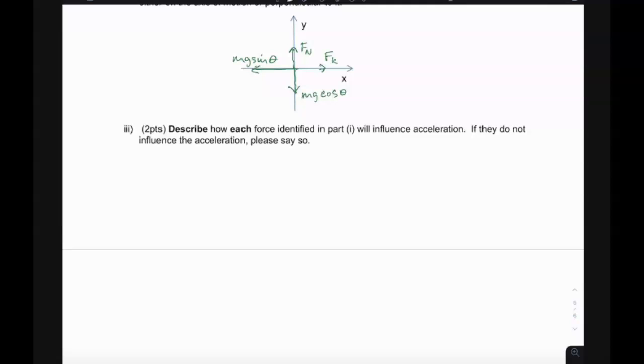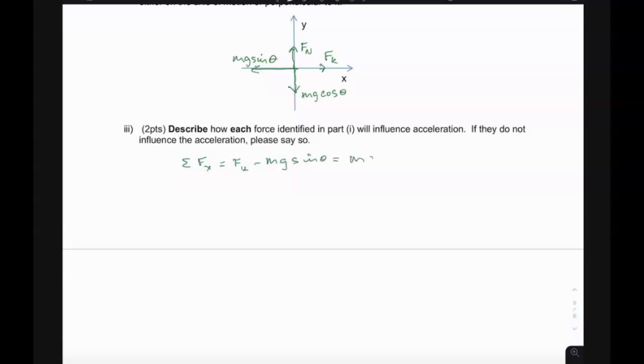And then the third part of D says, describe each force identified in the first part that will influence the acceleration. If they do not influence acceleration, please say so. Well, the weight and F sub k definitely influence the acceleration because the net force acting in the x direction is equal to F sub k minus mg sine theta.